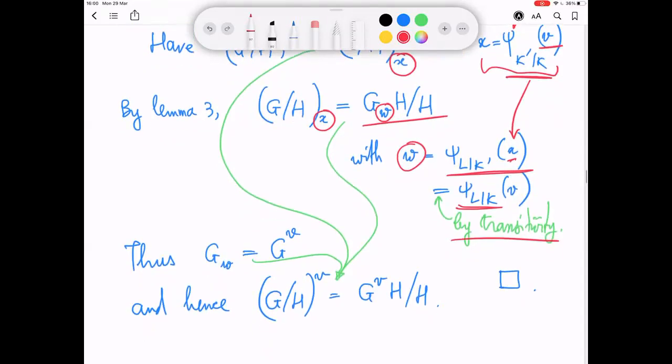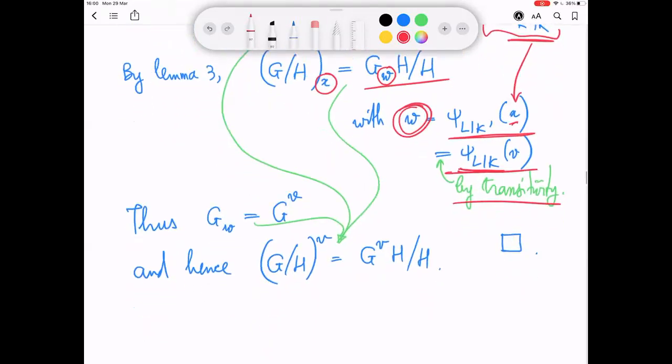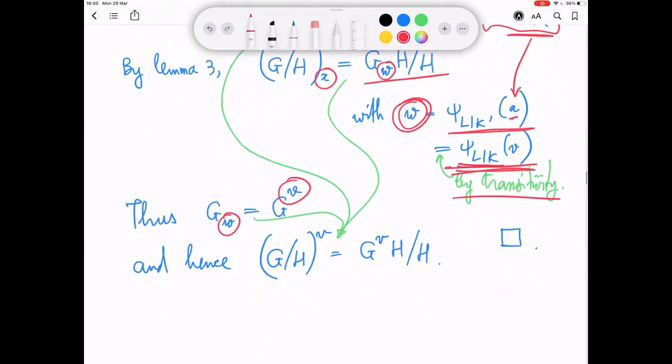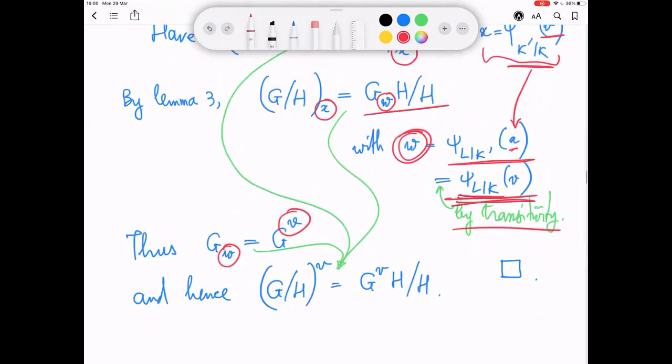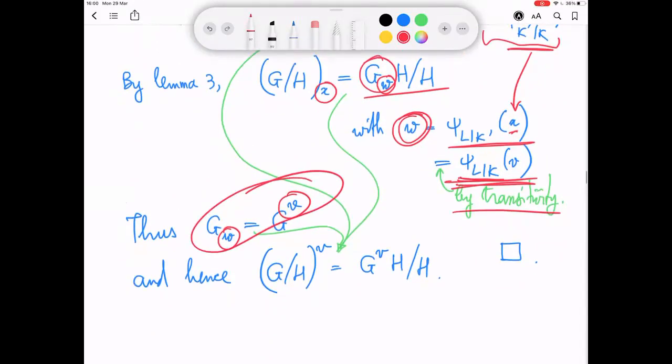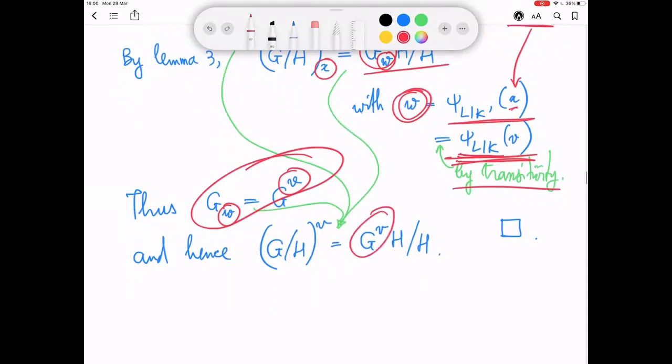So because this W is equal to this, G lower W is going to be G upper V, and therefore now you put everything together. This G lower W, sorry, is G upper V. That's what I've written here.